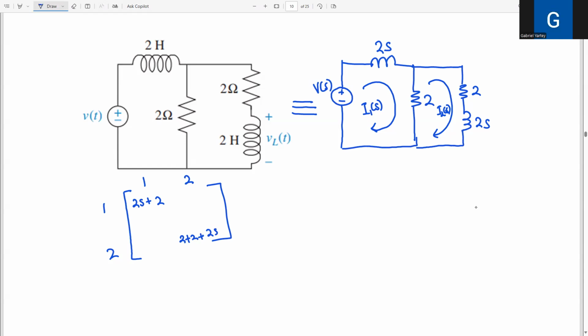And then the position index 1,2 here is the impedance present in both the first mesh and the second mesh. The impedance present in both the first mesh and the second mesh is this 2 right here. Now, mind you, we have to negate it. Always, we have to negate it.